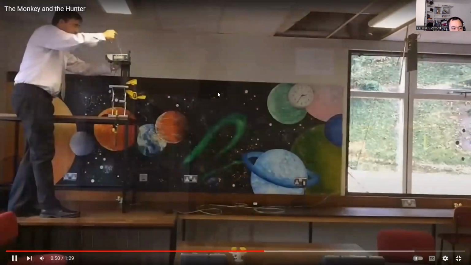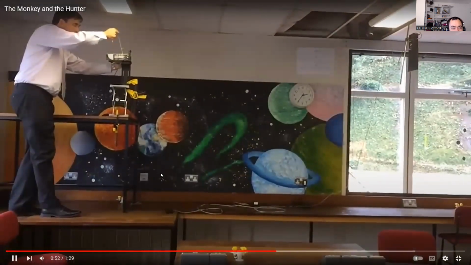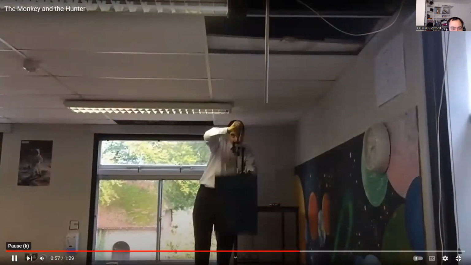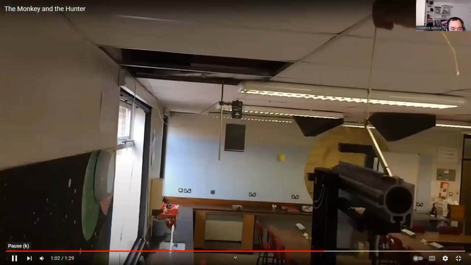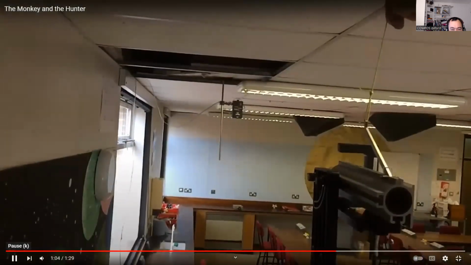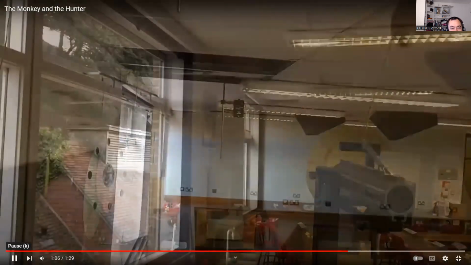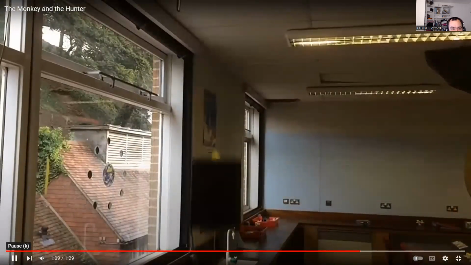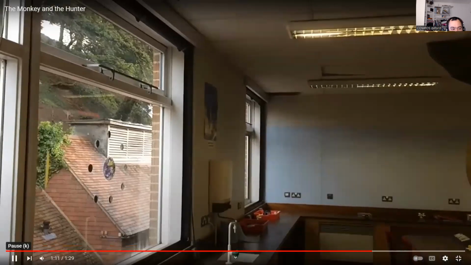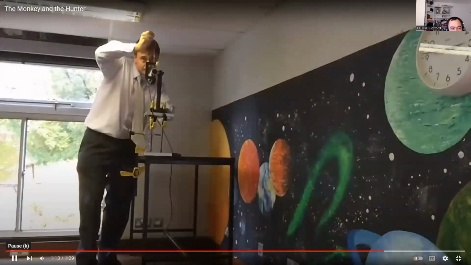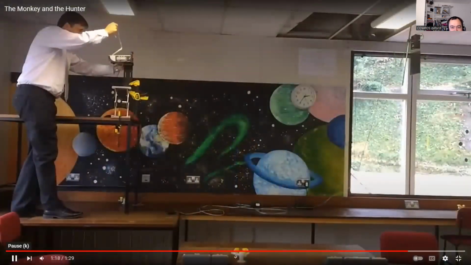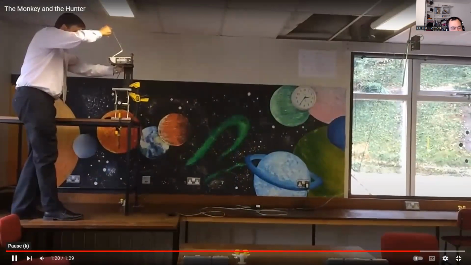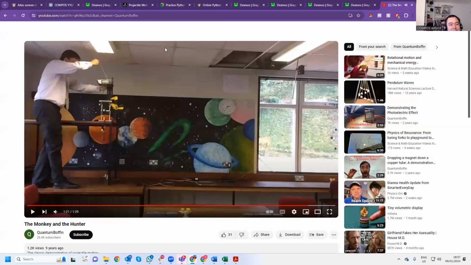It's a quick release system. As you can see, it does hit. Does hit the target. Right. So yeah.